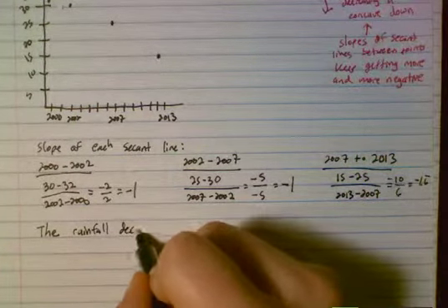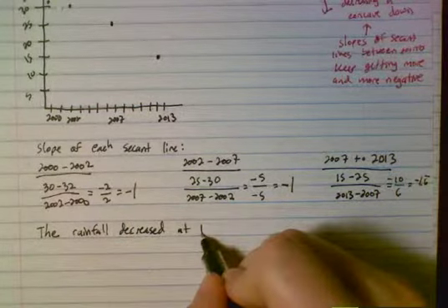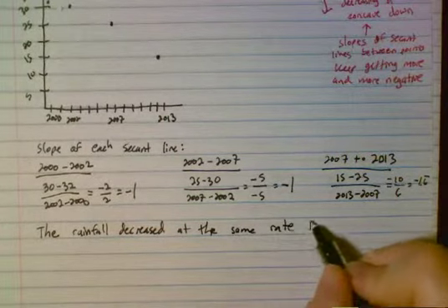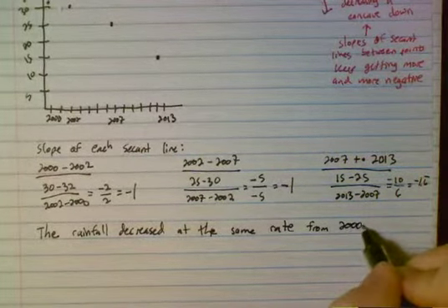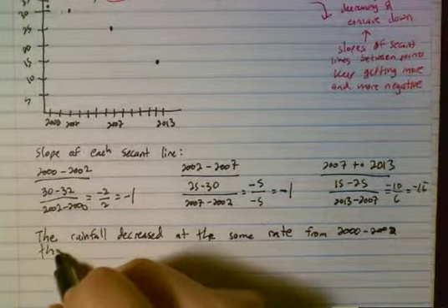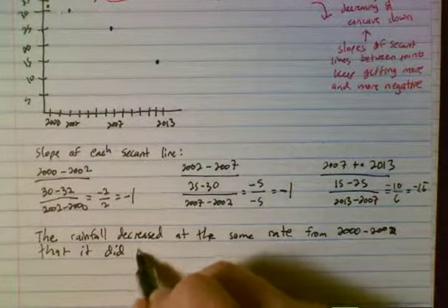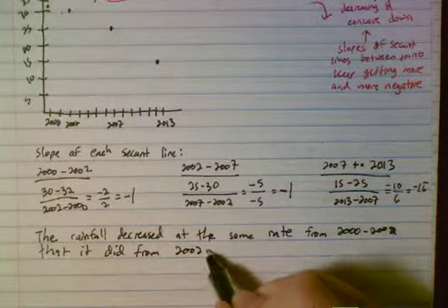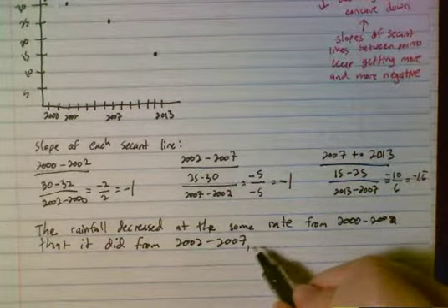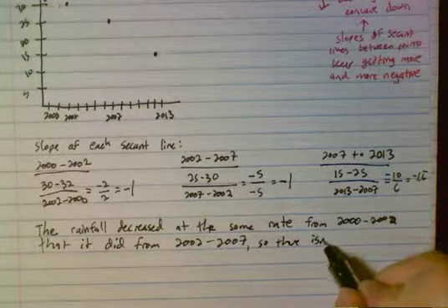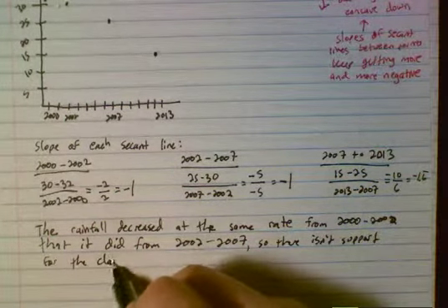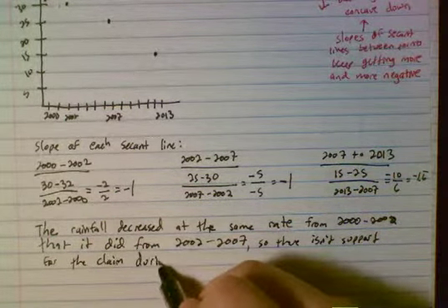The rainfall decreased at the same rate from 2000 to 2002 that it did from 2002 to 2007. So there isn't support for the claim during those years.